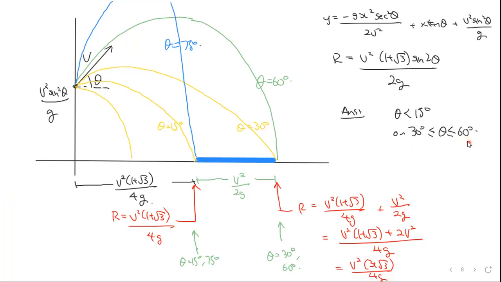Once it passes 60, it is going to go here until, of course, 75. So, or theta is greater than 75 degrees. And all of these should be strictly greater than or less than, because remember, we can't land on the edge. And that would be your answer to this question.